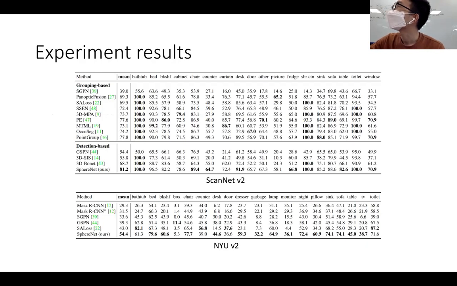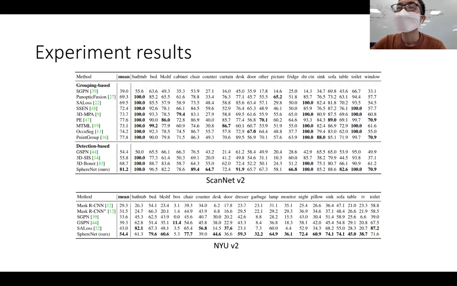Here is the performance in AP 25. This line is our method, and you can see that we outperform existing detection-based and grouping-based methods. You will see the grouping-based methods are dominant because you have many methods here.